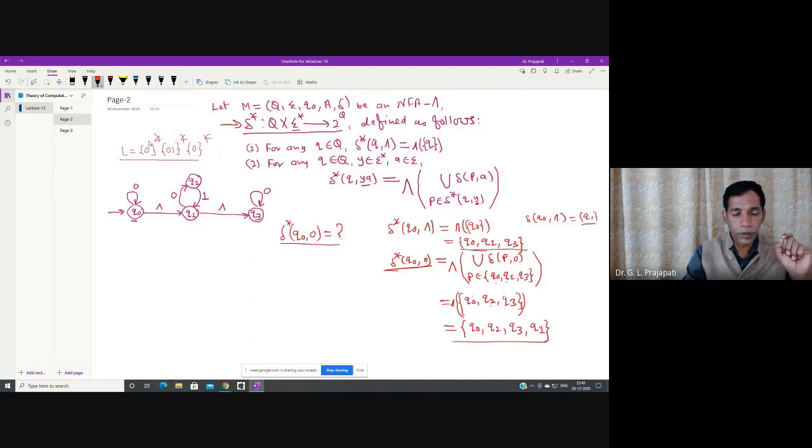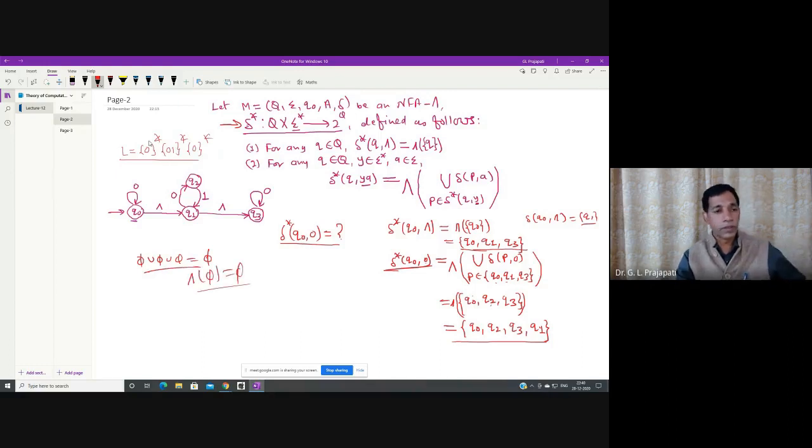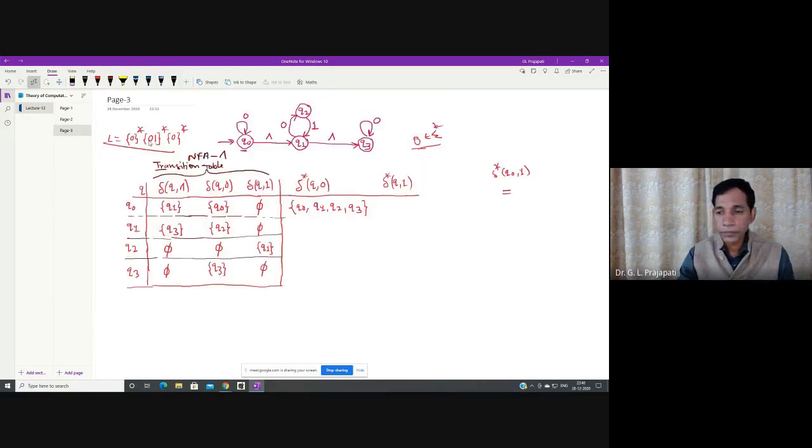Whenever you are at Q1 and the input is 1, you are going to the empty state. Whenever you are at Q3 and the input is 1, you are going to the empty state. The null closure of the empty state is again empty, so your machine goes to the empty state.